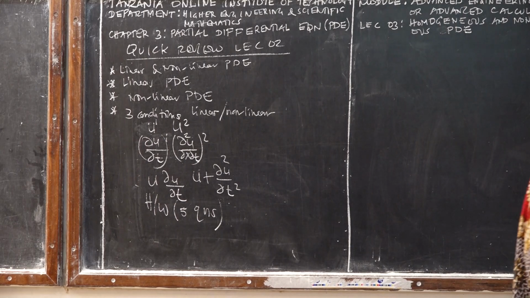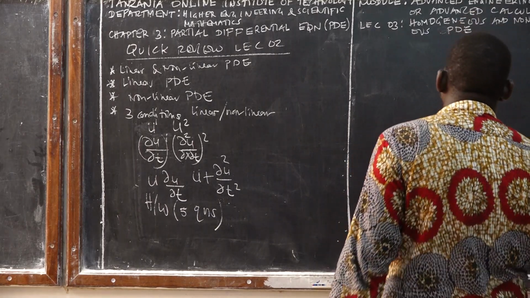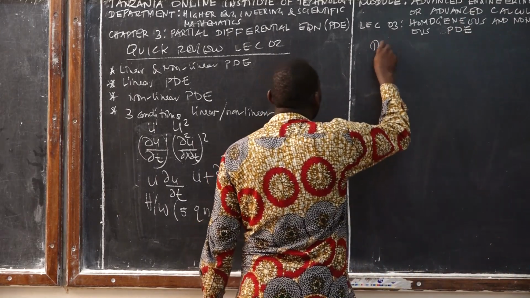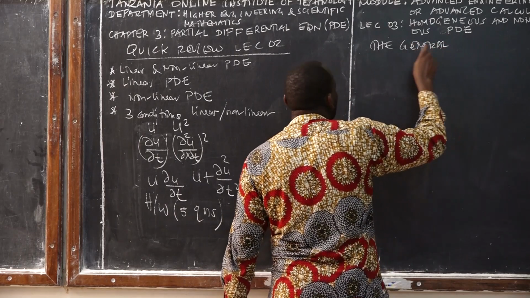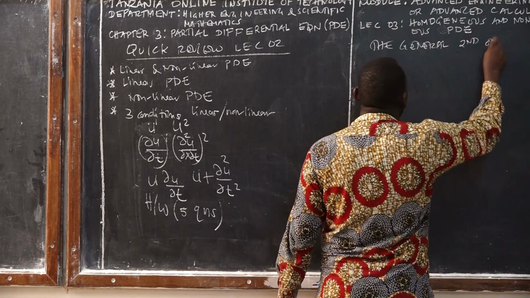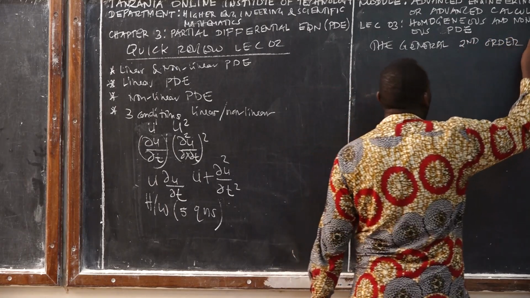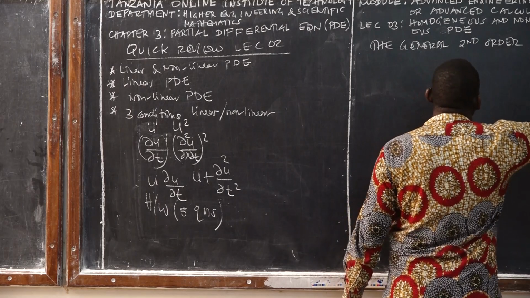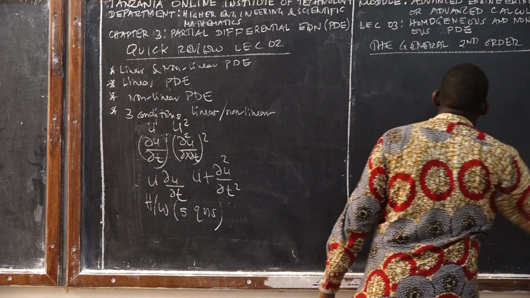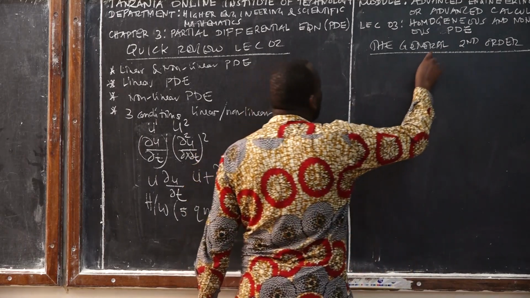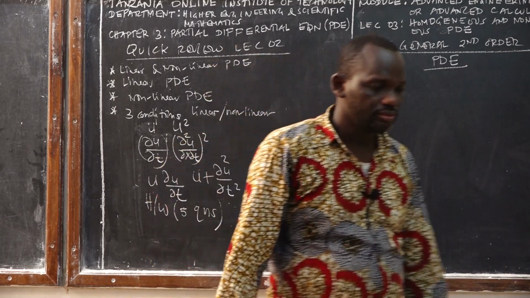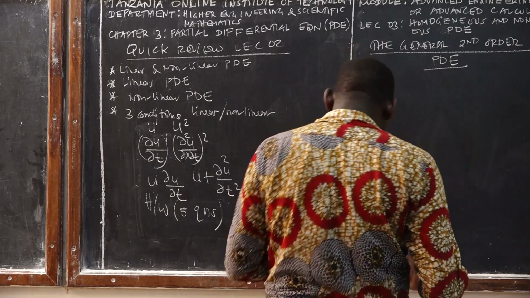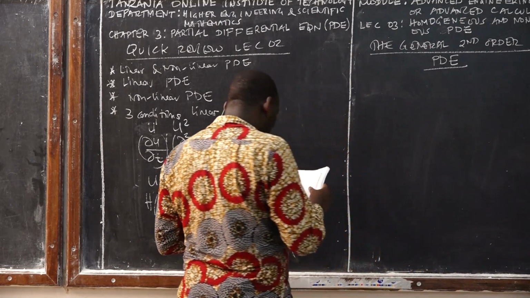This concept we call the general second order linear partial differential equation. When you talk about linear, I taught you in previous lectures. This comes before we learn about homogeneous and non-homogeneous.